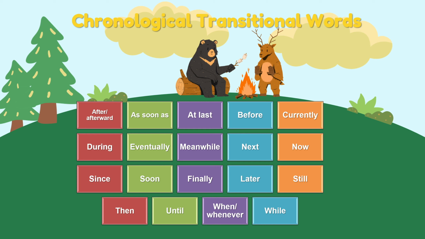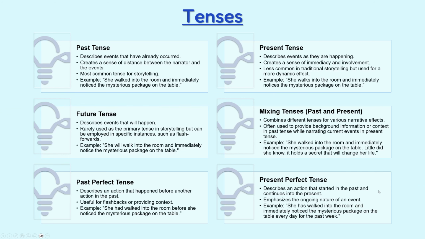So these are what you can use for your narrative writing. And then the tenses, right? There are a lot here, but remember they are standard: past, present, future, and then you can mix between past and present, then past perfect, and then present perfect tense. So you can read it on your own.